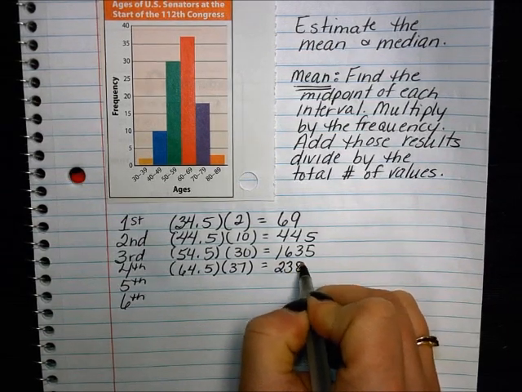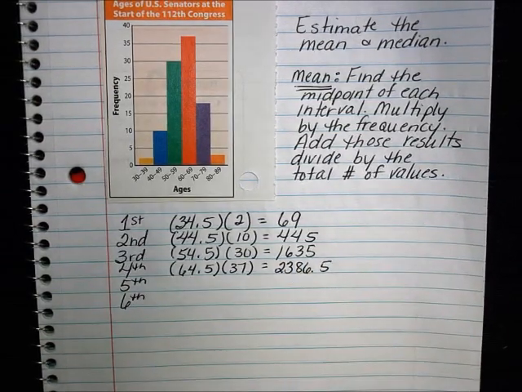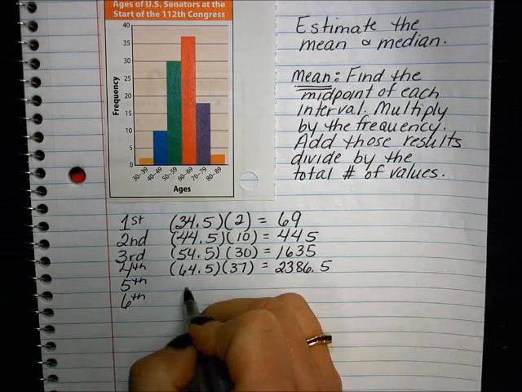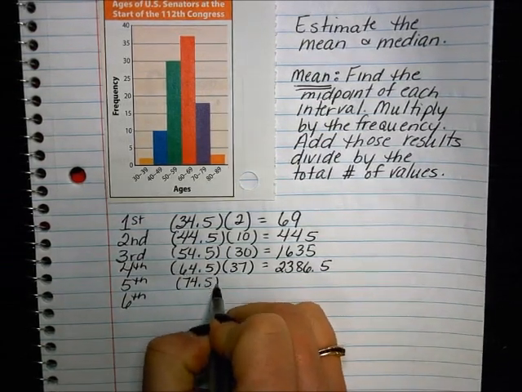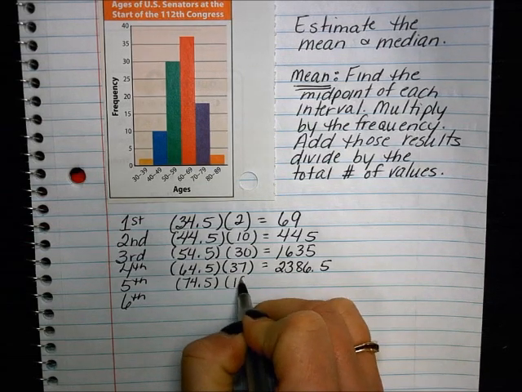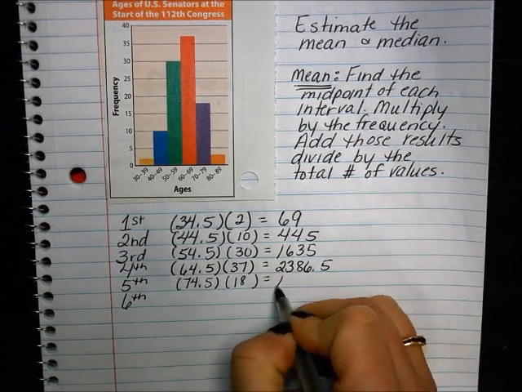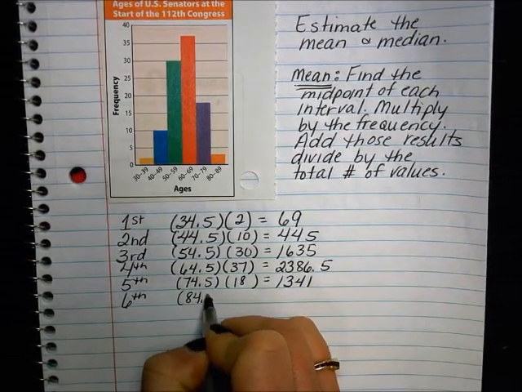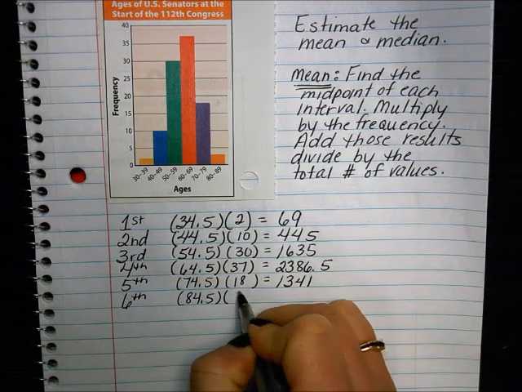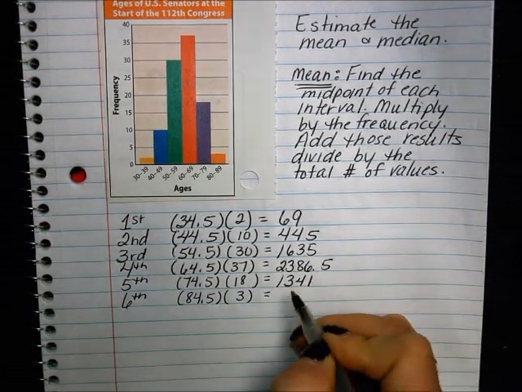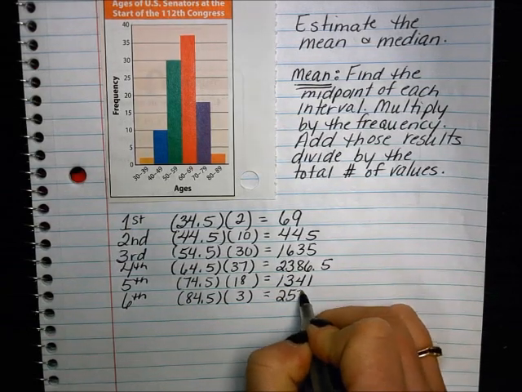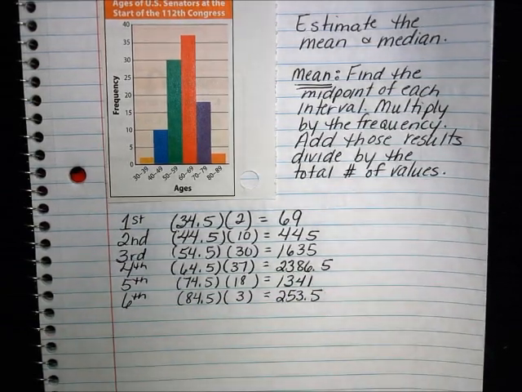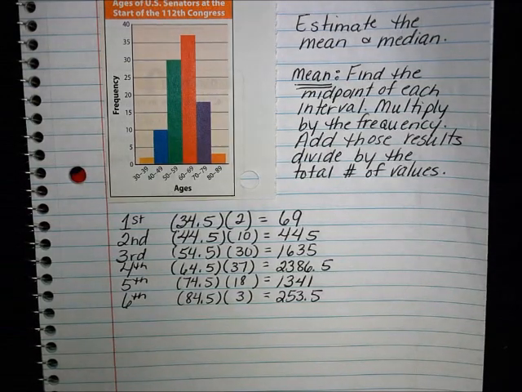That's 2,386.5 years for those 37 people. 74.5 years for 18 people gives me 1,341. And 84.5 is the midpoint times only 3 people, and that is 253.5 years.